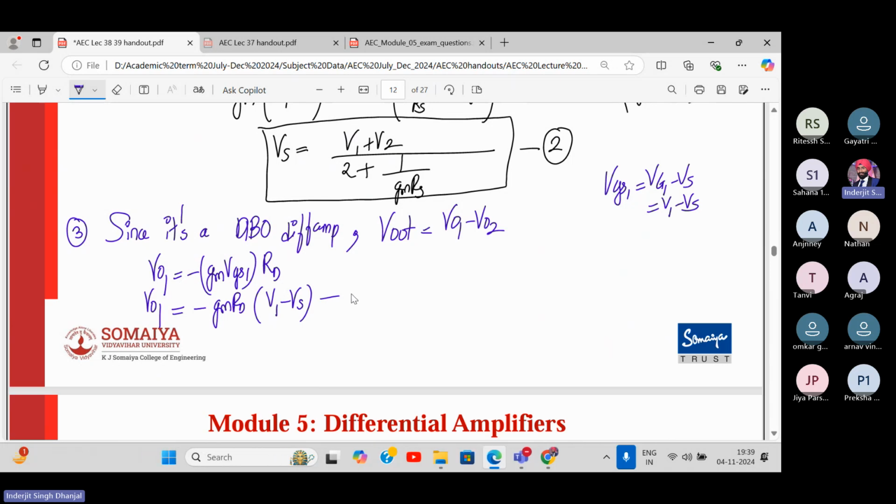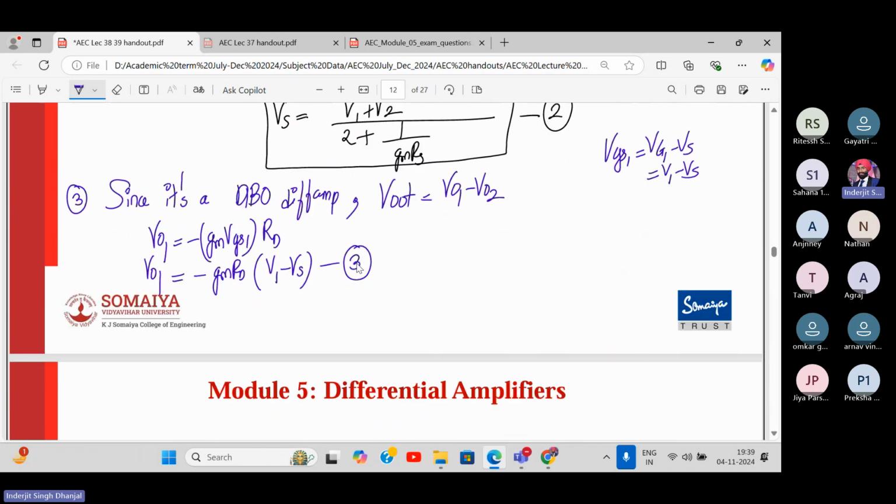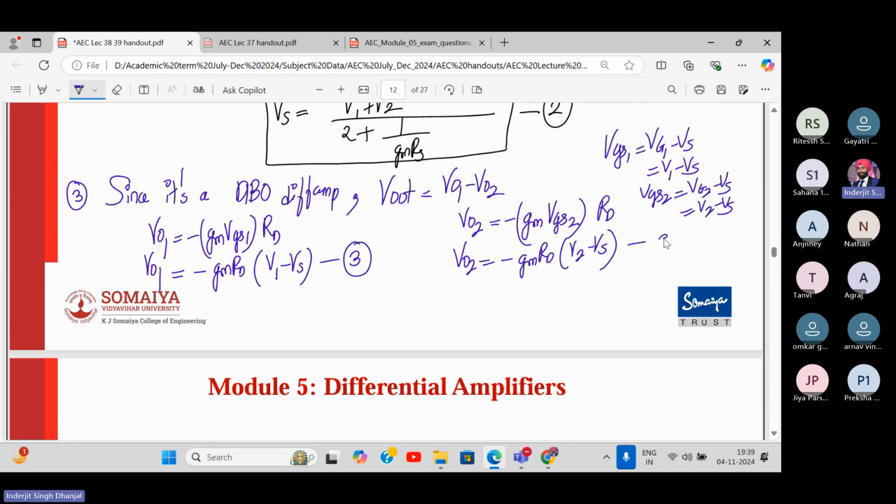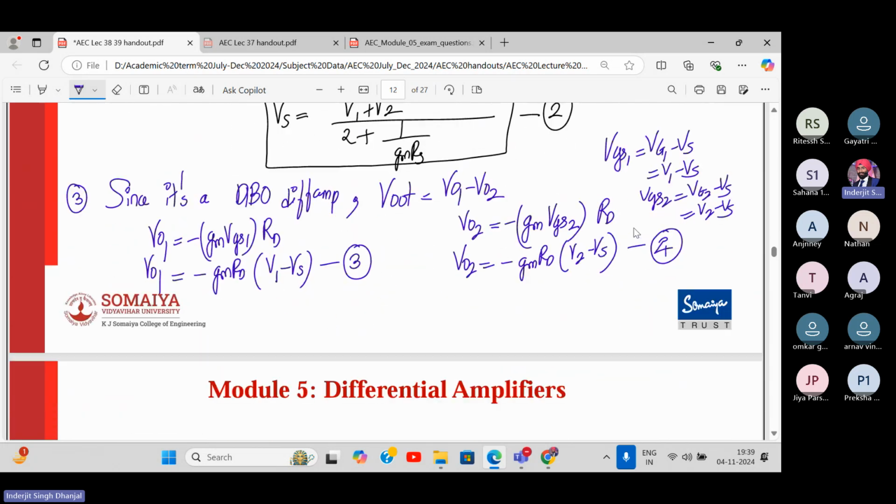Let's call this equation number 3. Similarly, VO2 will be minus Gm times VGS2 into RD. What is VGS2? VG2 minus Vs, that will be V2 minus Vs. So it will be minus of GmRD into V2 minus Vs. Agree? Equation number 4. Yes or no?